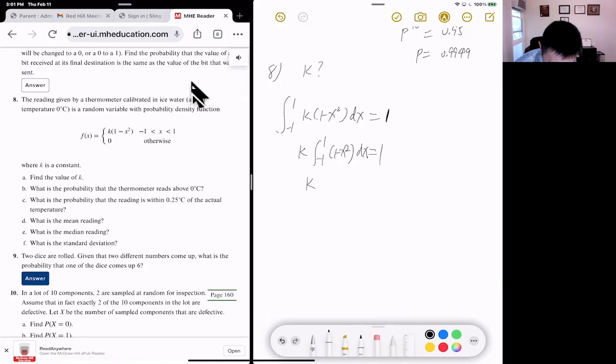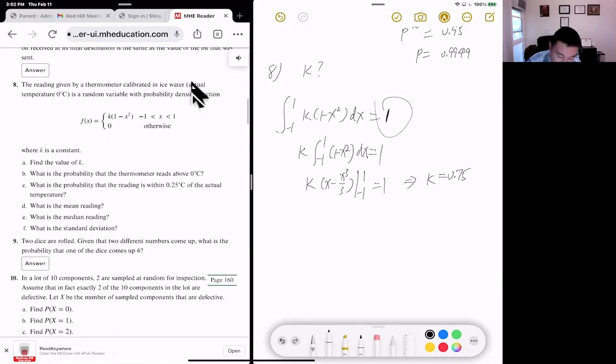This part becomes x minus x to the power of 3 over 3, from -1 to 1, equal to 1. So we solve k equal to 0.75. Remember, the whole area underneath the density function equals 1. For discrete variables, we add the probabilities all together, and that sum also equals 1. So always remember that nature.